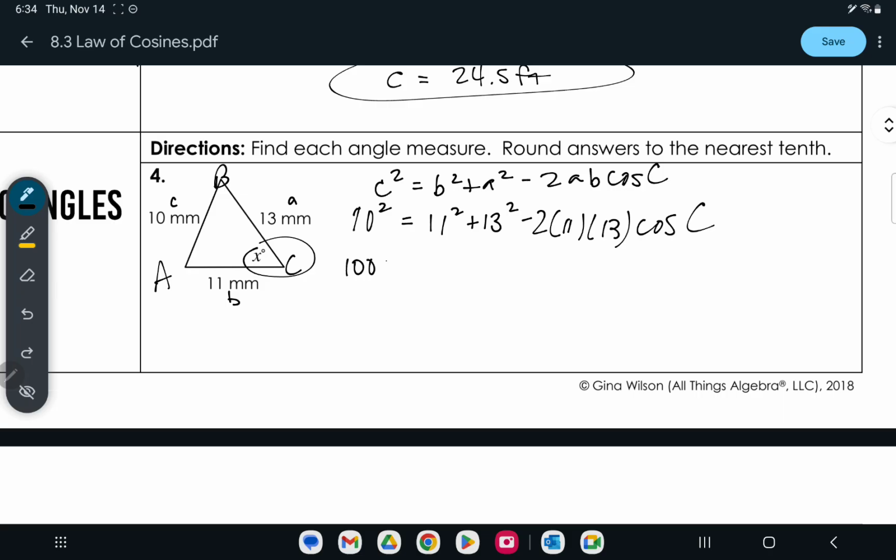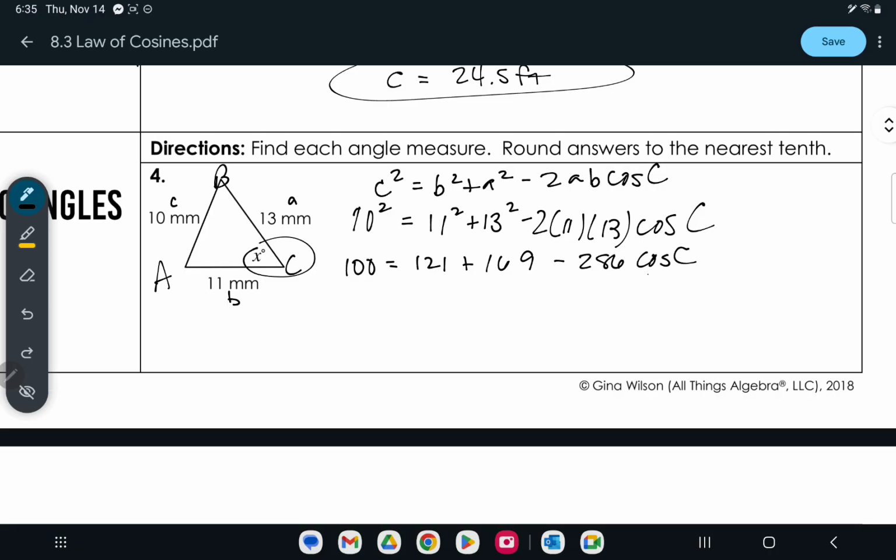So 10 squared is 100. 11 squared is 121. 13 squared is 169. 2 times 11 times 13 is 286.